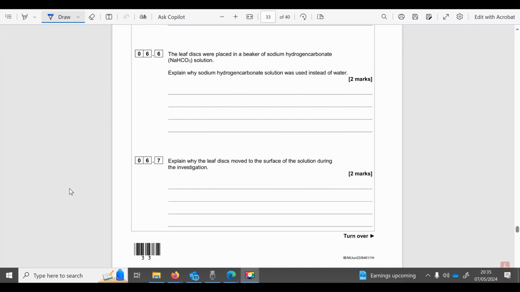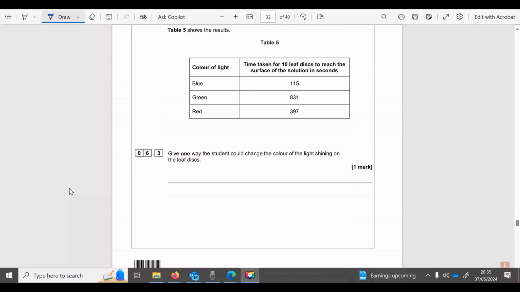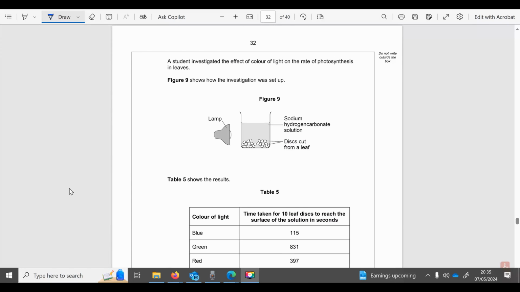Question 6.7. Explain why the leaf discs move to the surface of the solution during the investigation. Well, let's look at the investigation first. A student investigated the effect of color of light on the rate of photosynthesis in leaves. So like we did before, we can identify by reading this sentence what's the independent variable and what's the dependent variable.